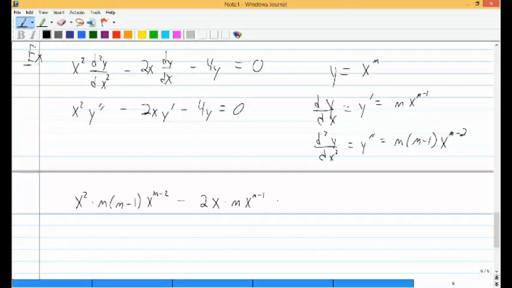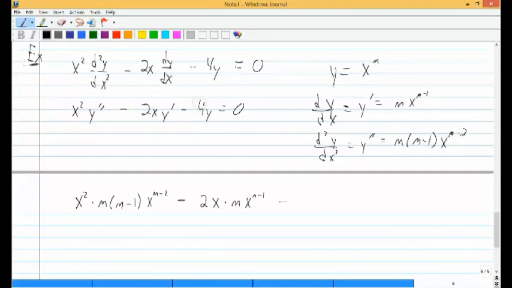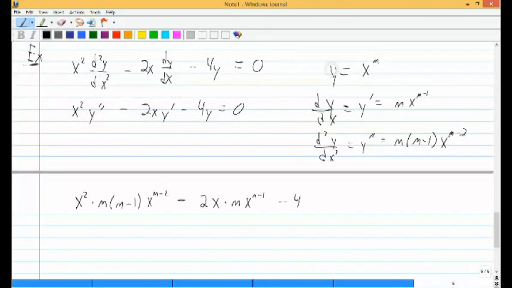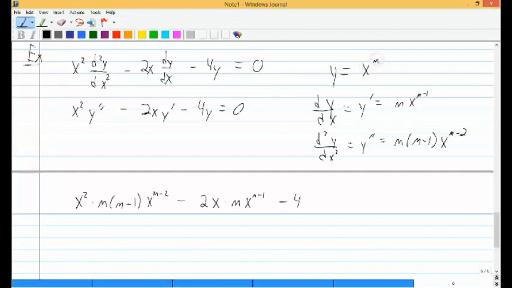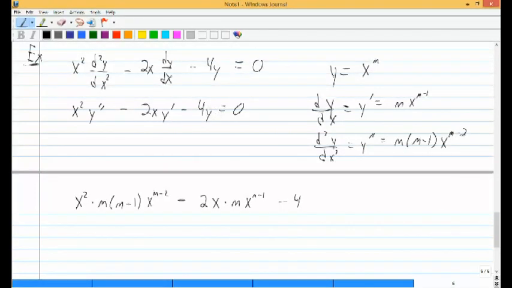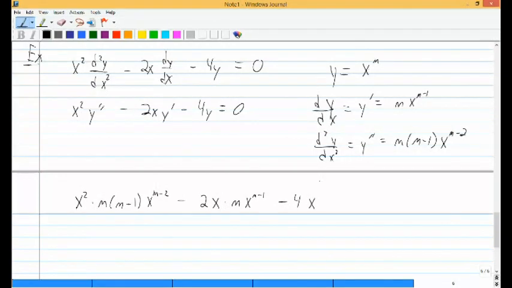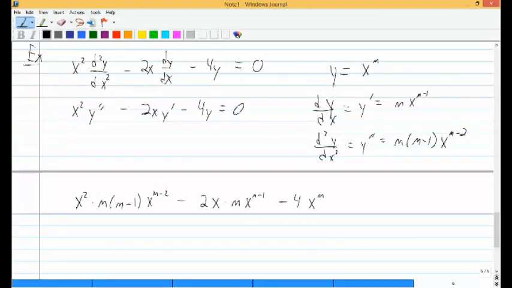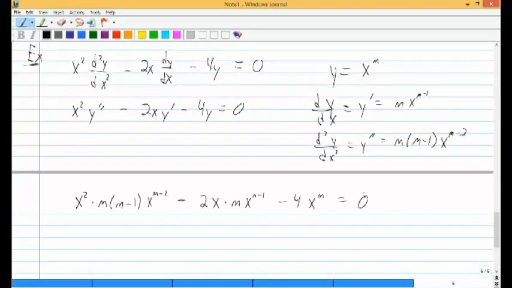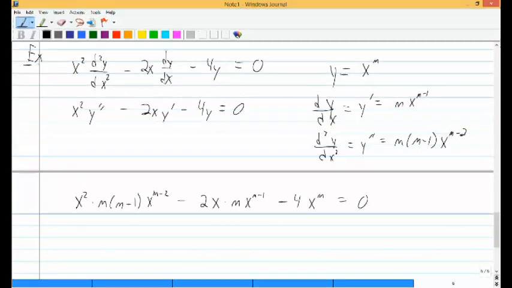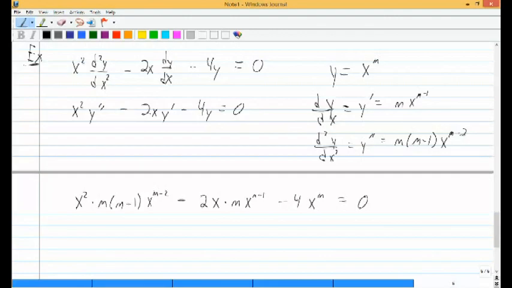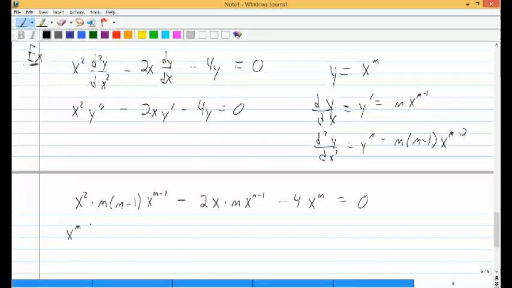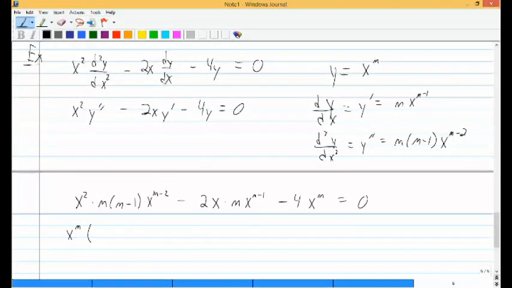Then I would have minus 4, and then where's your y? We said we want to let the solution equal x to the m. So where I have a y, I'm plugging in x to the m. Sorry, I said m to the x earlier. All right. So if we plugged all of those in, we would have that. Now, let's factor out an x to the m, and let's see what that would leave.